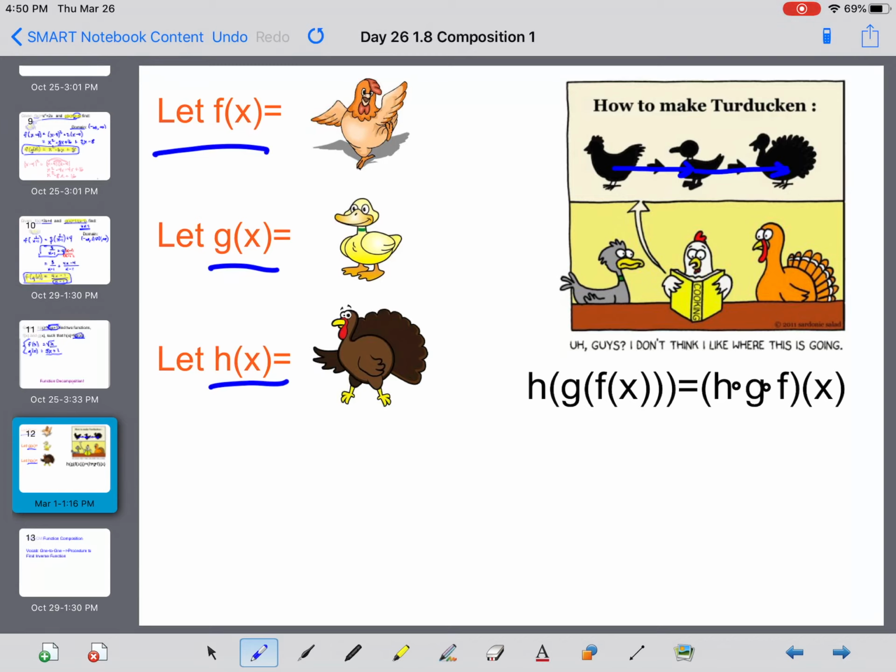So that's how you make a turducken. So that would tell you that h of g of f of x, notice the second notation down here, that's what's happening. This inside function, the chicken, got plugged into the duck, which got plugged into the turkey. Sorry, I'm not a very good joke teller, especially online.